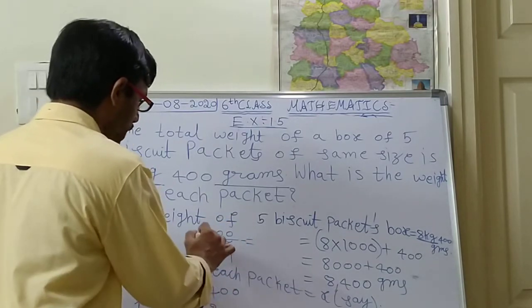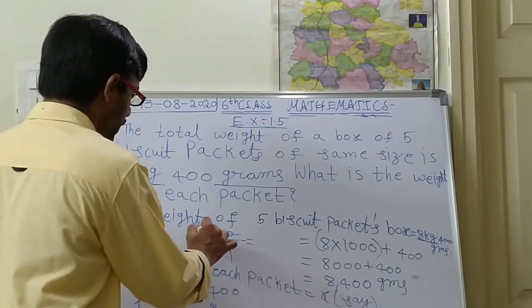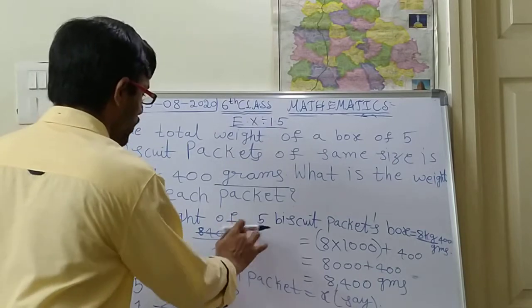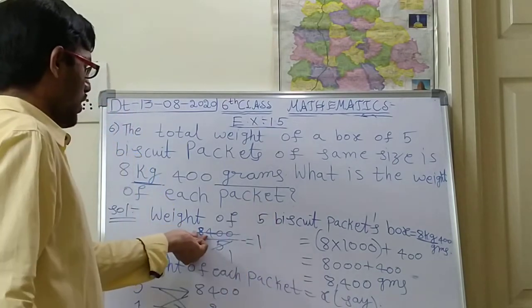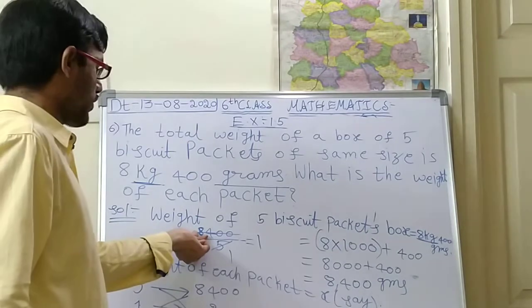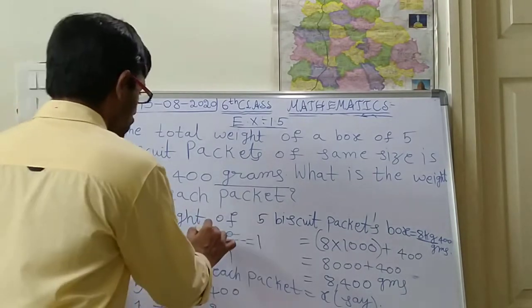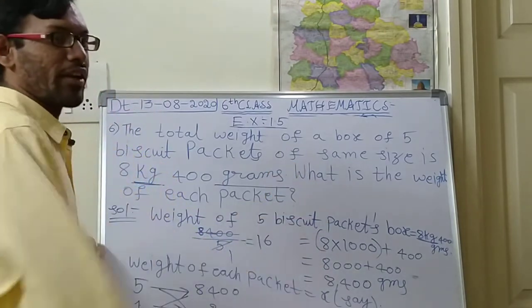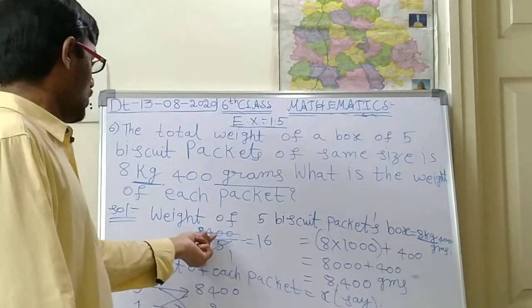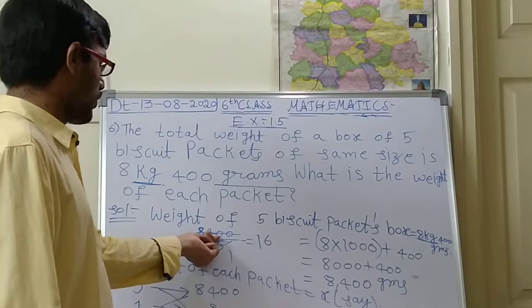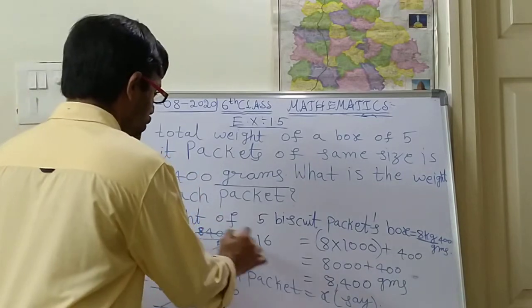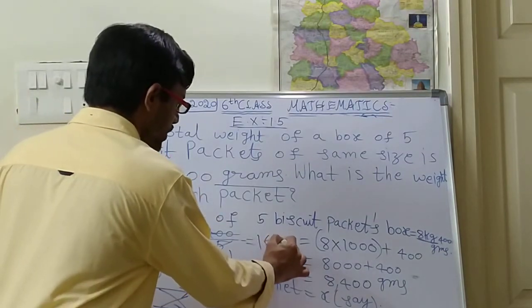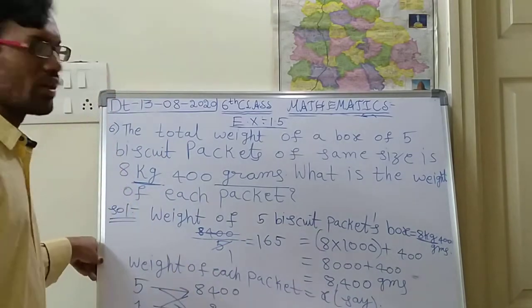5 ones are 5. Again 8 minus 5, 3. So 3, 4, 34. 5 sixes are 30. So 34 minus 30, 4 is remaining. So 4, 0, 40. 5 eights are 40.